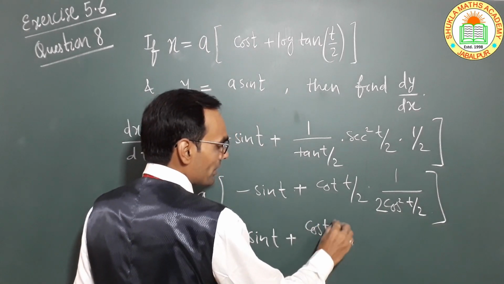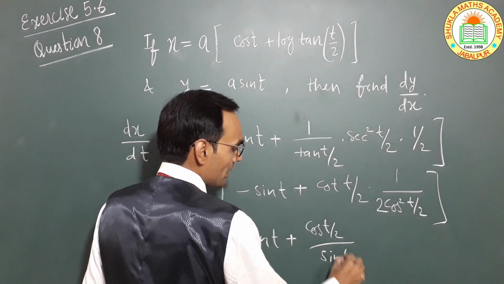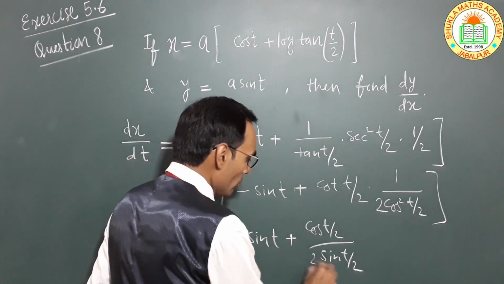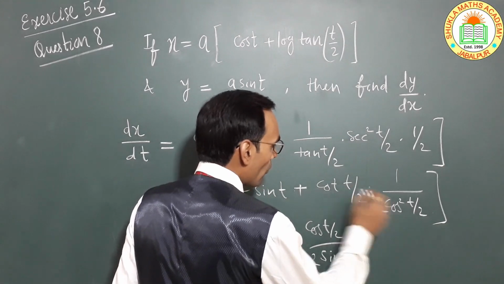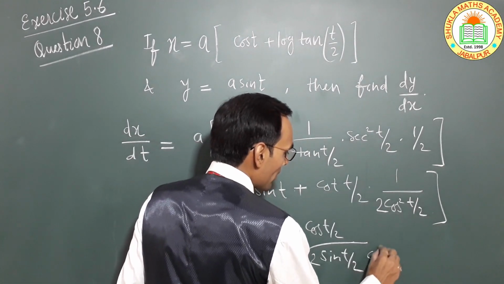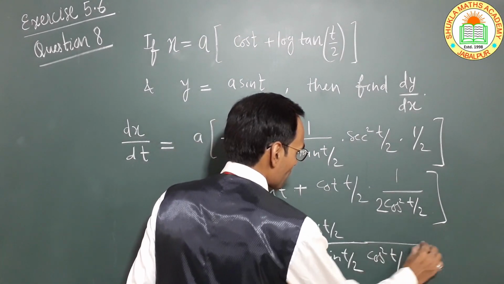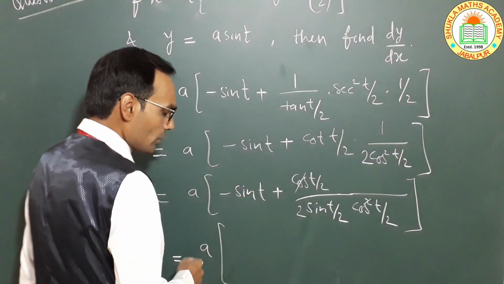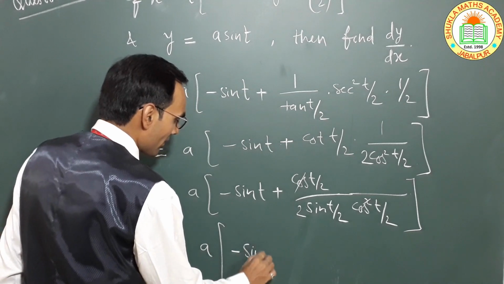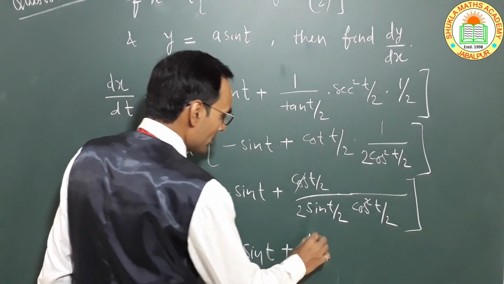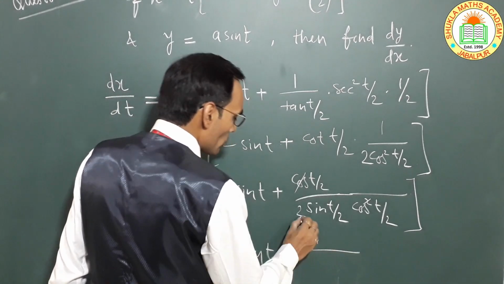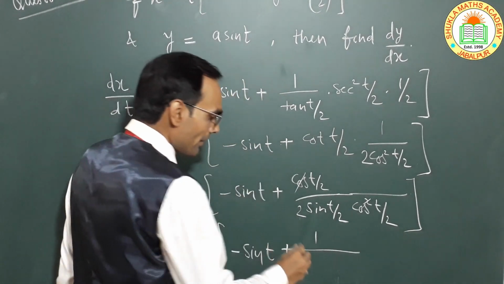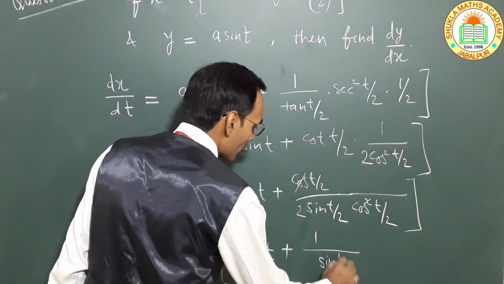We can write cot t by 2 as cos t by 2 upon sin t by 2, into 1 upon 2 cos square t by 2. So cos t by 2 and one cos t by 2 will be cancelled, and now this becomes minus sin t as it is, plus 1 upon 2 sin t by 2 into cos t by 2, which becomes 1 upon sin t, since sin 2 into t by 2 is sin t.